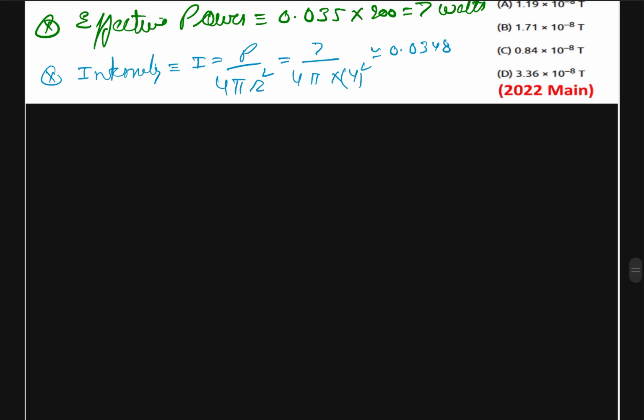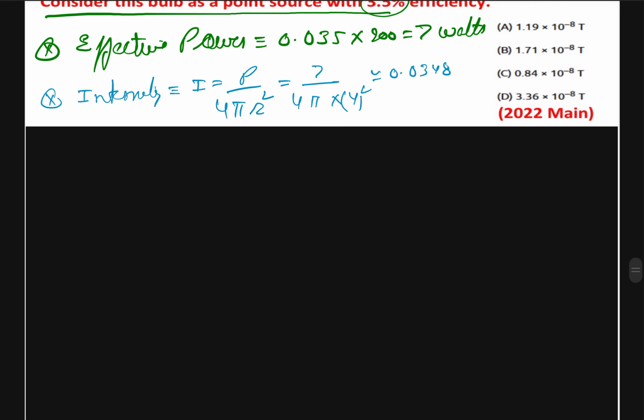And for an electromagnetic wave, we know that intensity I is equal to 1 upon 2 epsilon naught c, times E naught square, and our E naught, in terms of magnetic field, is B naught times c.